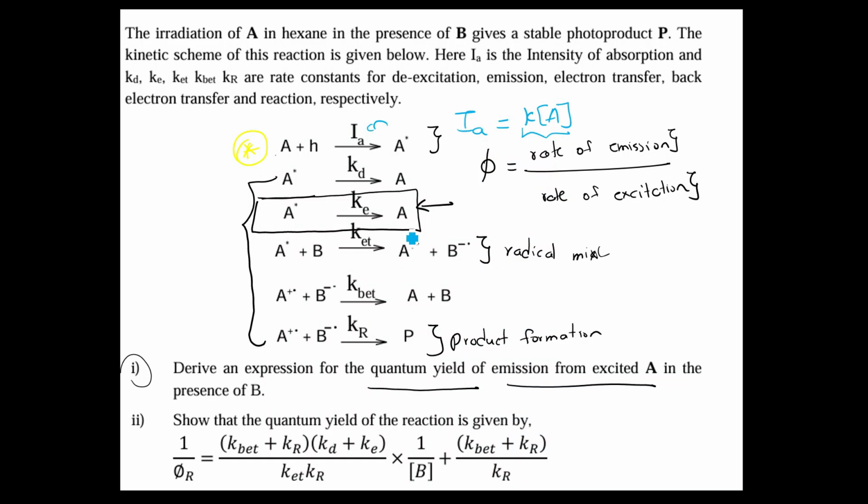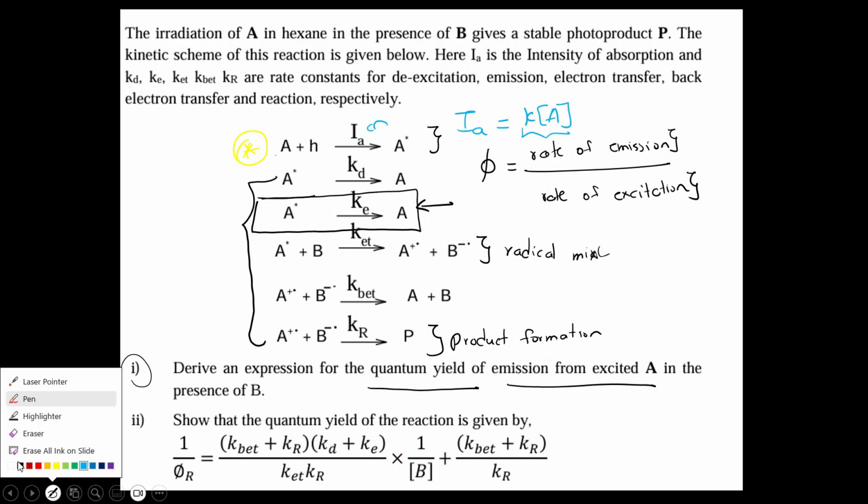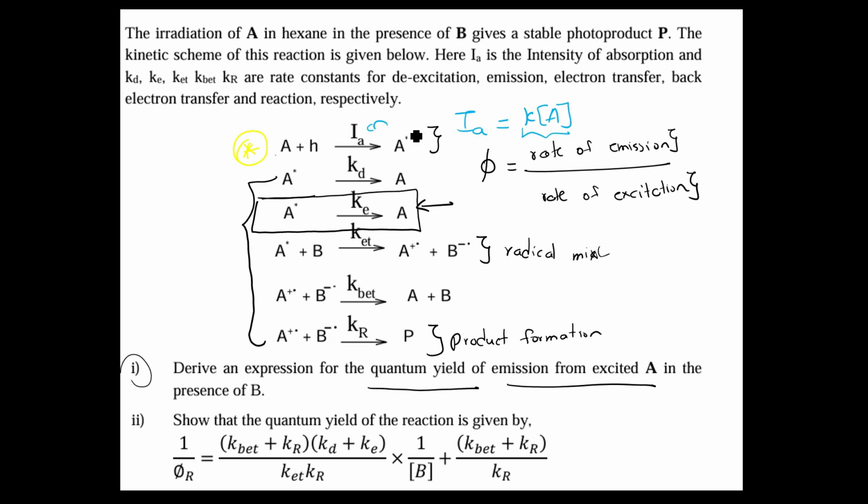Now look at this very carefully. This excited A over here is not in our initial mixture, right? There is B and there is A in our mixture, that's all. So you cannot put an expression based on this excited A. You need to derive your expression back to A and B and the given data, IA, KD, KE.